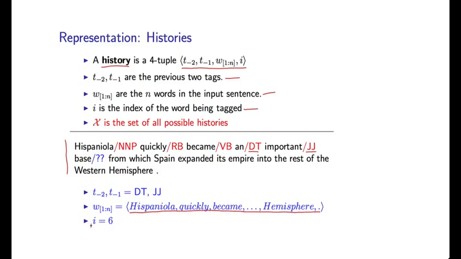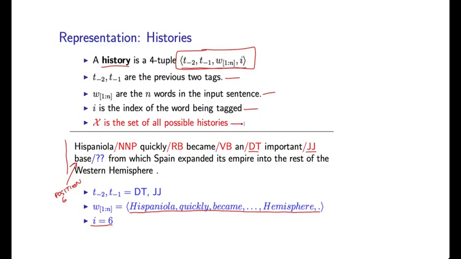And then we have the position i equal to 6, because if we count the words in the sentence, we have 1, 2, 3, 4, 5, 6. This is at position 6 in the sentence. So again, this history basically captures all of the information about the context, the previous two tags, the entire sentence, and the particular position in the sentence.